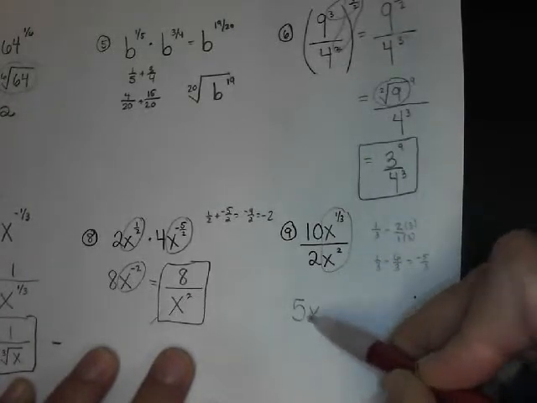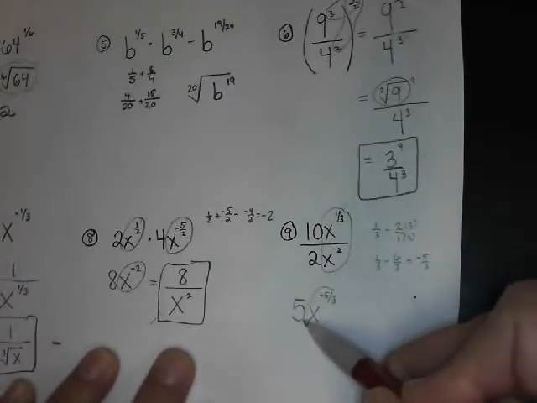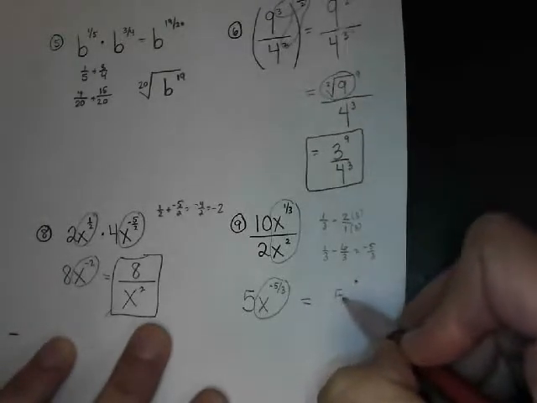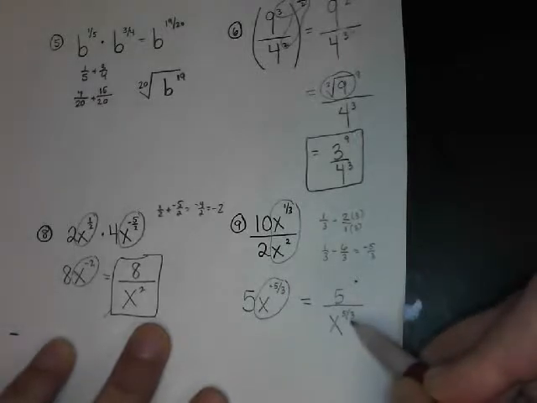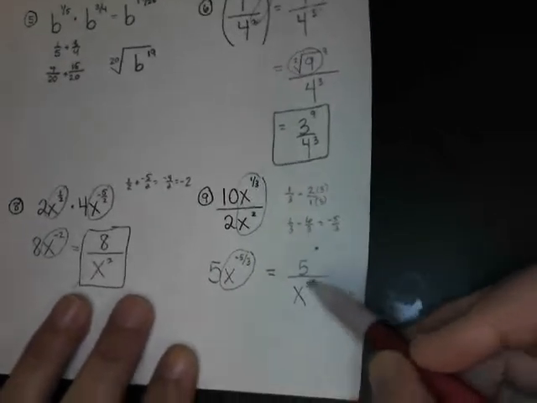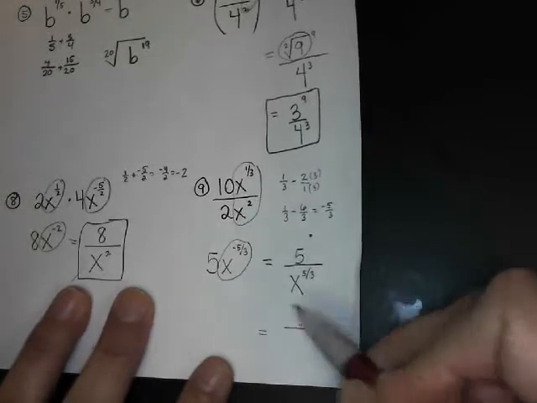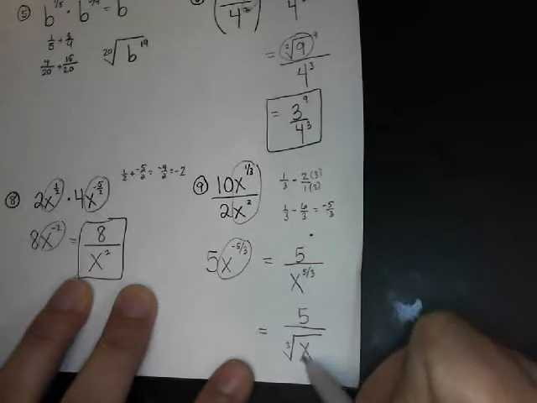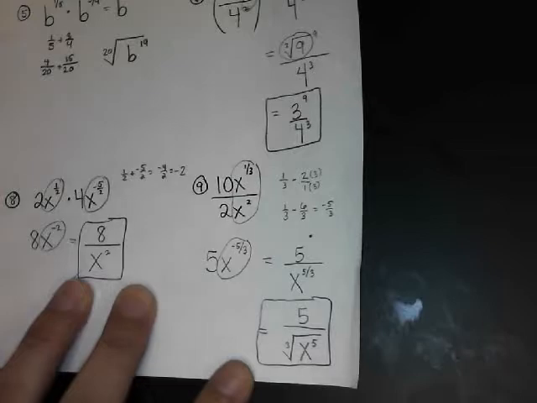So your common base of x to the negative 5/3 power. Now, negative exponent, move it to the denominator. And fractional exponent, 5/3, you will probably have to change into a radical. So 5 over the cubed root of x to the 5th power. And that's your final answer.